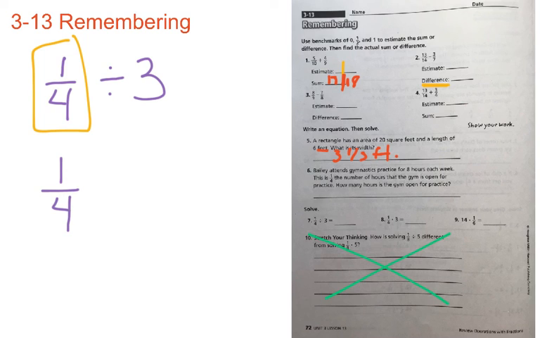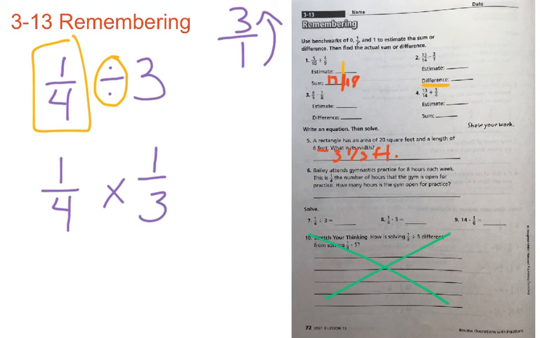We're going to change our sign. We go from division to multiplication. And then we have flip, and we have 3, and 3 written as a fraction is 3 over 1. And so we just need to flip that 3 over 1, and it becomes 1 over 3. And 1 times 1 is equal to 1, and 4 times 3 is equal to 12. And so your answer for number 7 is 1/12.